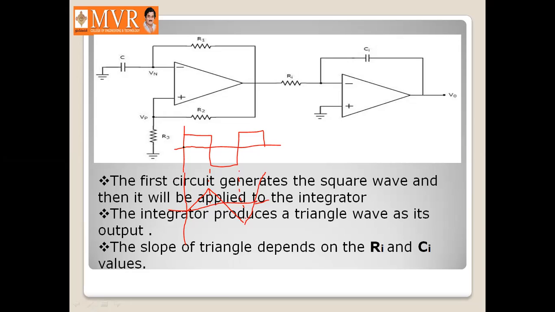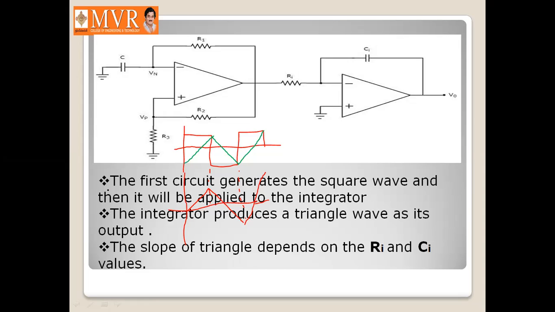So here you can see, if I draw a triangle wave, the triangle wave will be like this. The output of the integrator will be like this.